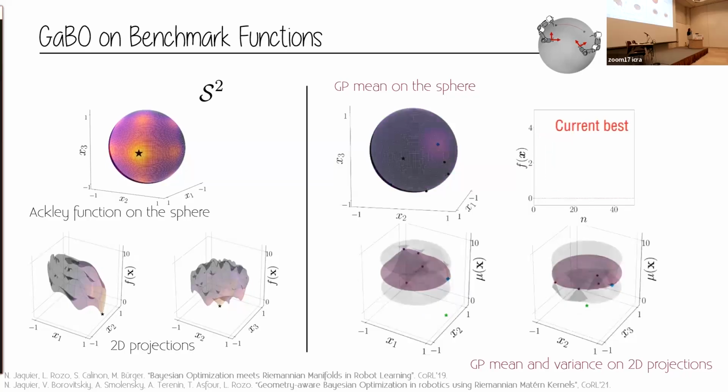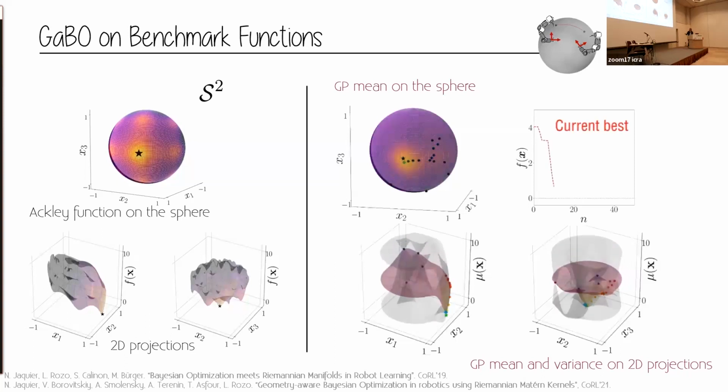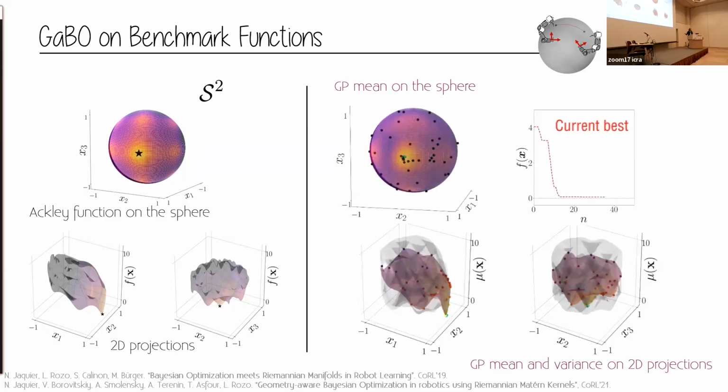And after 45, 50 iterations, the landscape of our function that will come back is actually very close to what we observe here on the left. Exactly, so here we are at roughly 30 iterations, and you see that we are really starting to approximate this function quite well.